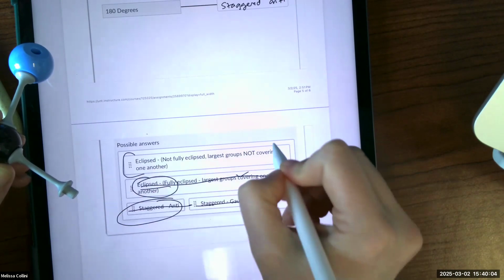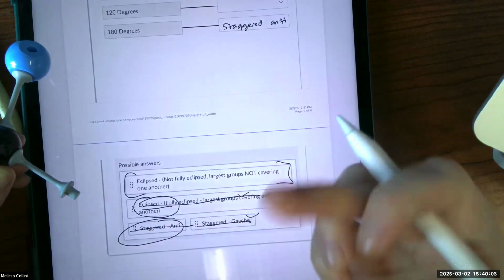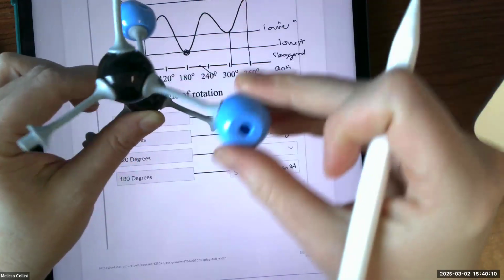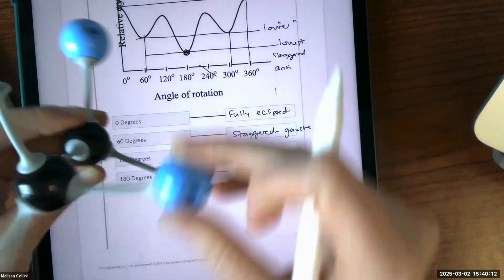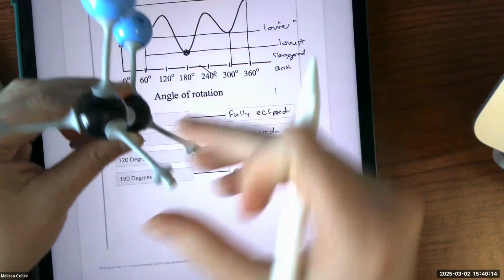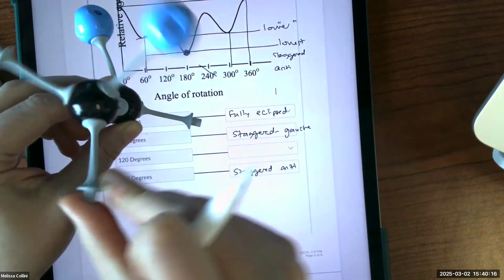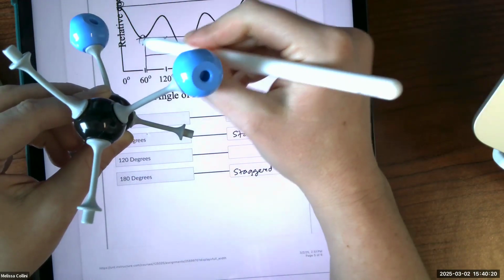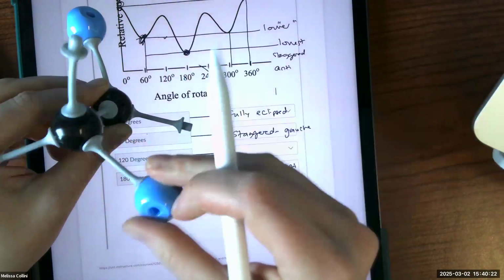So what's left is eclipsed, but not fully eclipsed. I'm going to show you if we keep rotating. Our 0 degrees where we were completely covered was right here. We went 60 degrees and they were staggered gauche right here, a little bit better, but not great.